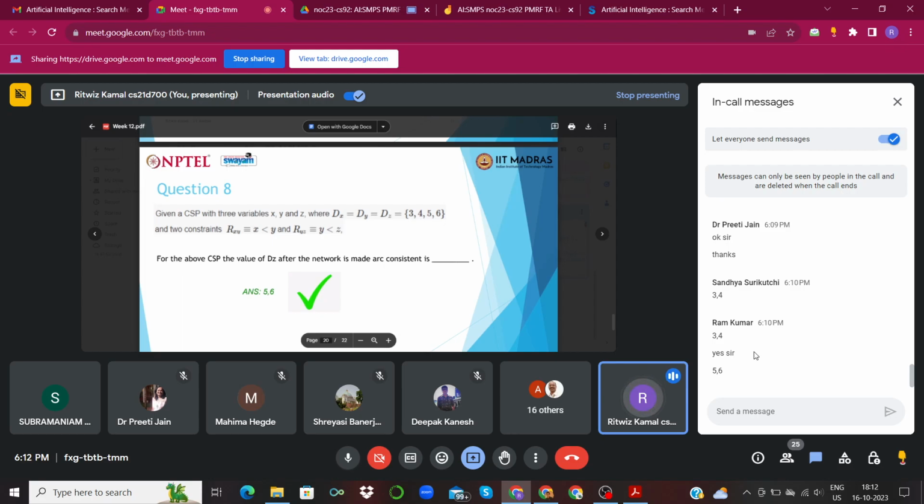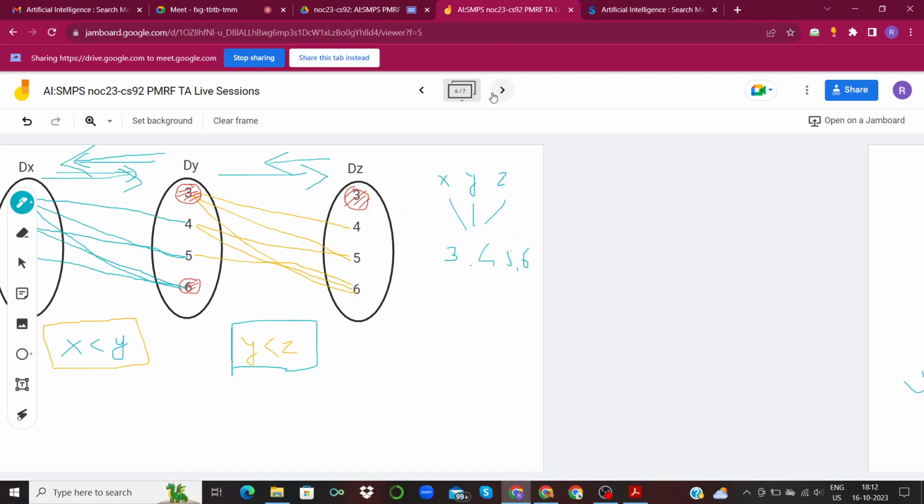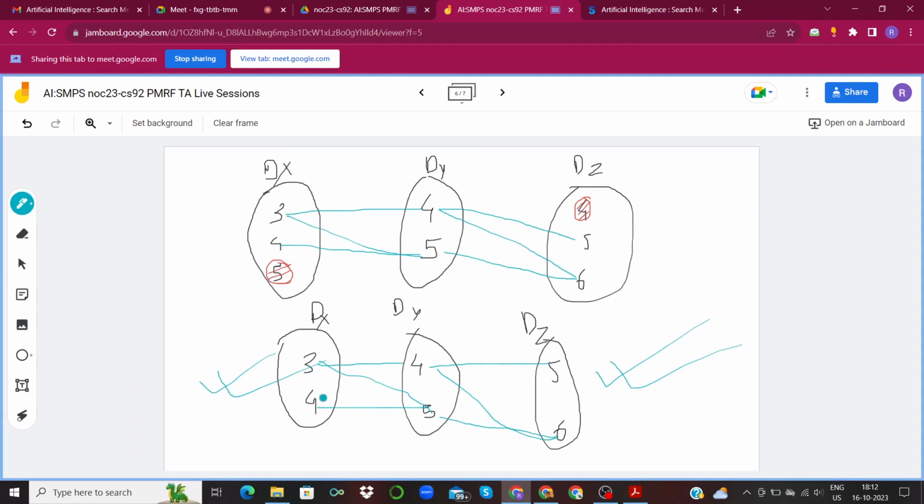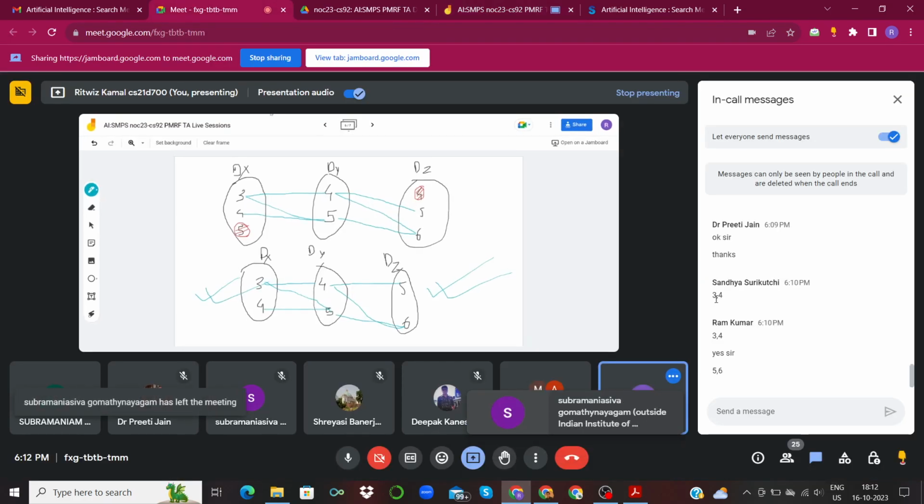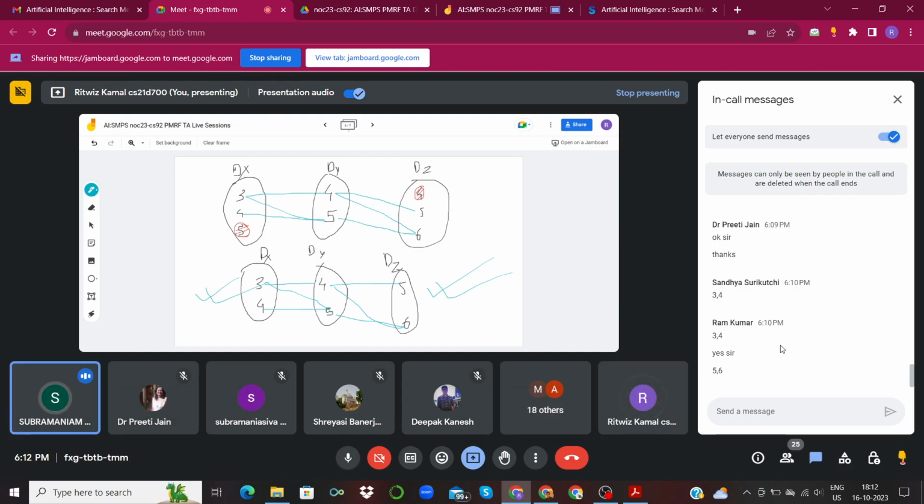If you do that, you'll see that after achieving arc consistency, there is no value in x, y, or z that violates this, which basically means that x can take any value of 3 or 4, y can take any value of 4 and 5, and z can take any value of 5 and 6, right? And that could be potential solutions to your problem. That is what you are trying to achieve.